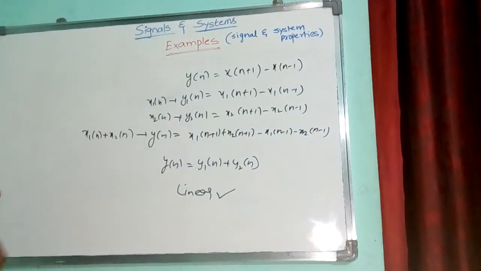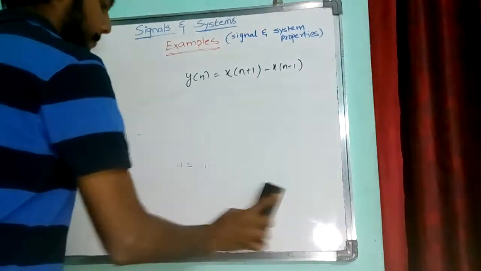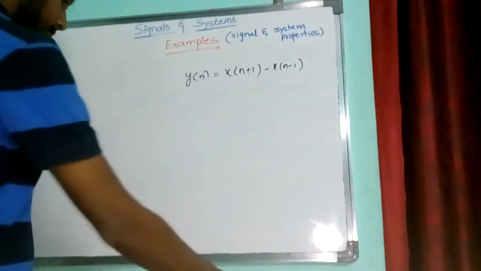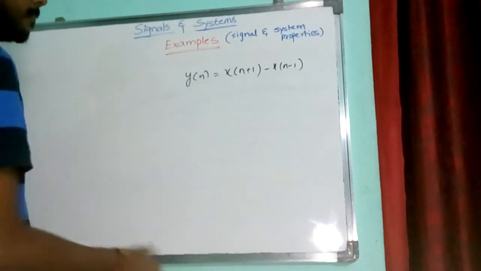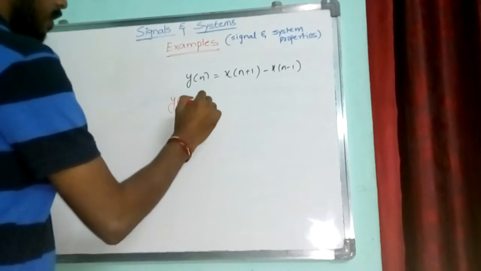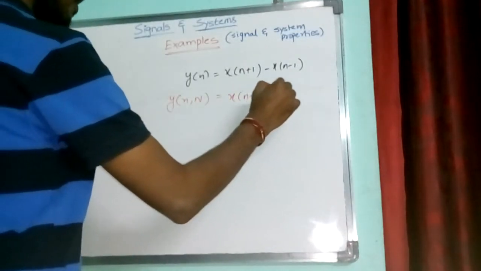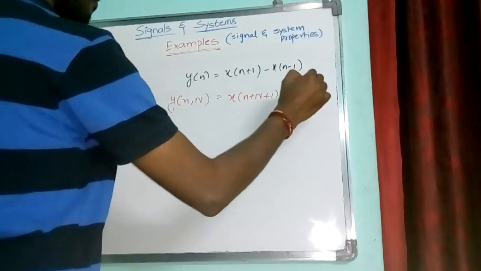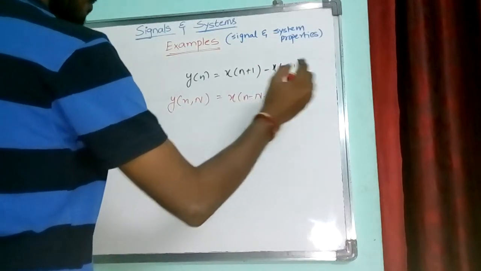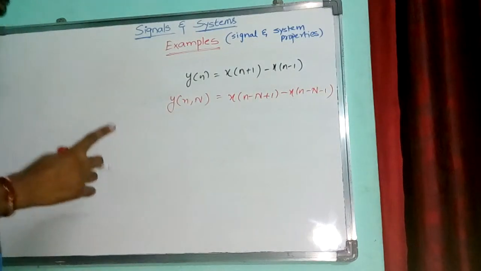Next I'll check for the time invariance or not. So y of n comma n, I will change at the output side, then it is x of n minus n plus 1 minus x of n minus n minus 1.